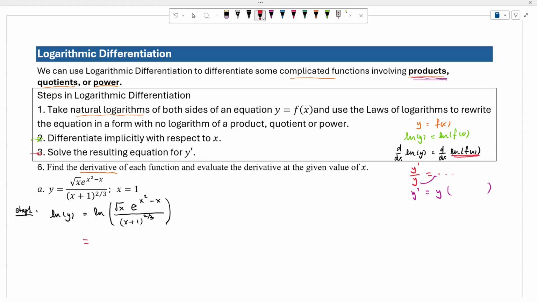And now we are going to rewrite the right-hand side: natural log of square root of x plus natural log of e to the x squared minus x, and minus natural log of x plus 1 raised to the power of 2/3. And now I could rewrite again, square root of x is x to the 1/2. So I have 1/2 natural log of x plus x squared minus x, multiplied by natural log of e, which is 1, and minus 2/3 natural log of x plus 1.